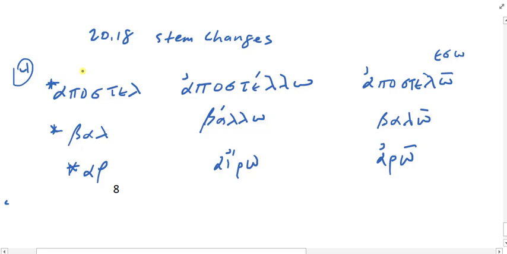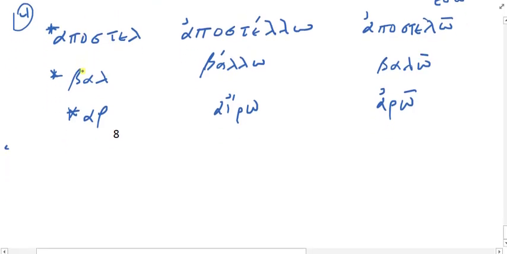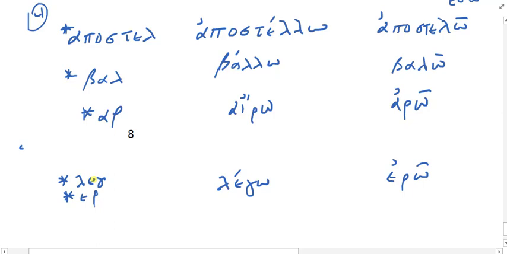Now, I want you to look at this next one. We're gonna jump past his examples. I want you to go to lego. Okay? Lego is I say. The future, ero. How are these related to each other? Well, they're not. Okay? So what I really have are 2 completely different roots. Leg and er. So which pattern is this? This is pattern 2.